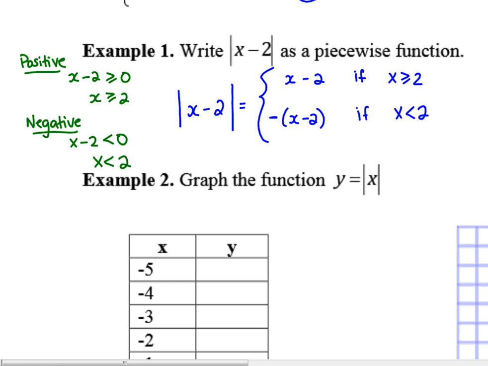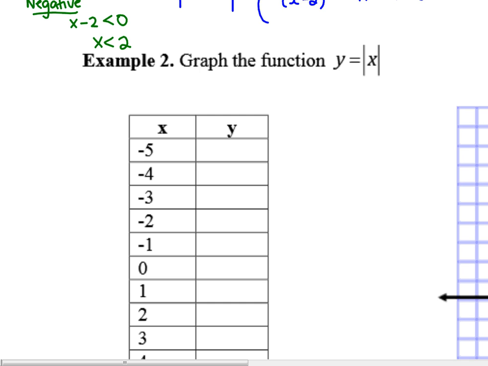So we have the positive case and the negative case. Positive case, we leave it alone. It's already positive, so we can drop the absolute values. The negative case, if it's a negative number, we multiply it by a negative to make it positive. So that's a piecewise function. Yay! We're going to practice more, I promise.